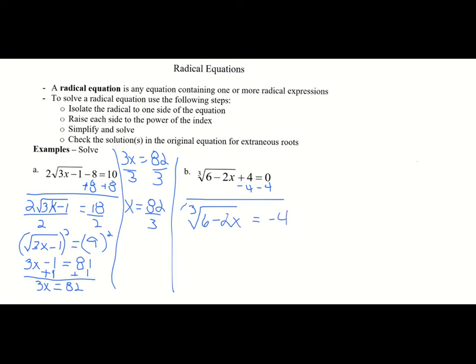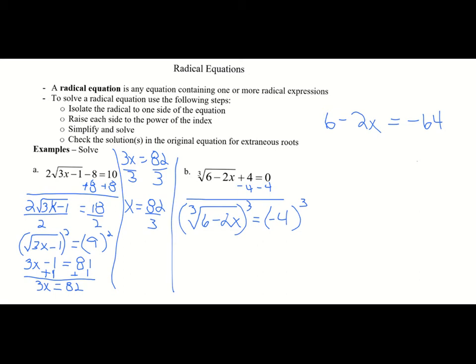And now I'm going to cube both sides so I can get rid of that radical. If you cube the cube root, you get what's underneath that radical. So we're going to end up with 6 minus 2x, and it's going to equal negative 4 cubed, which gives us a negative 64, because we'll do negative 4 times negative 4 times negative 4.